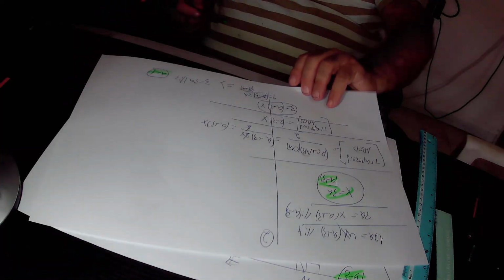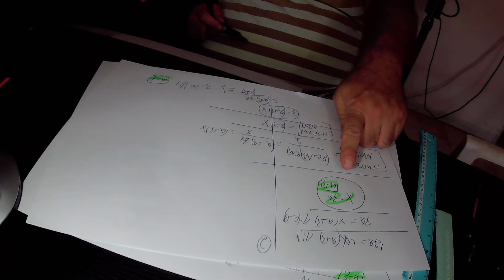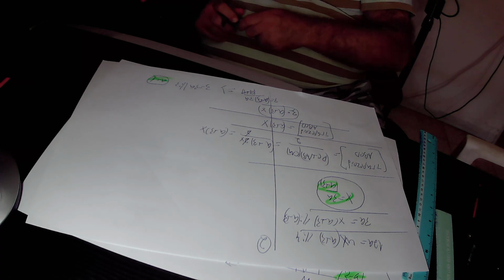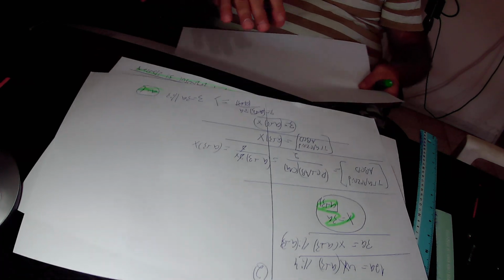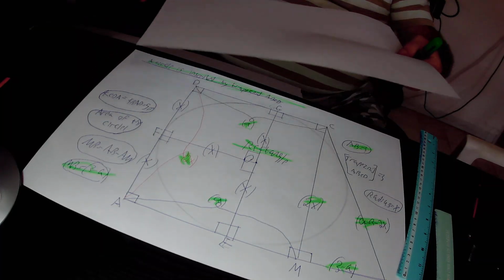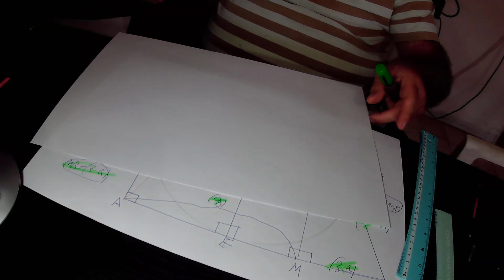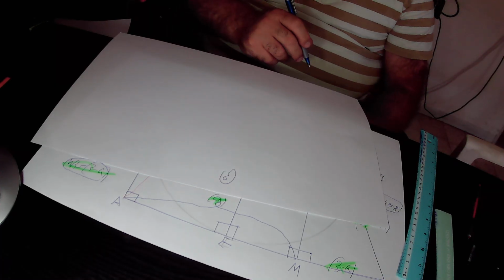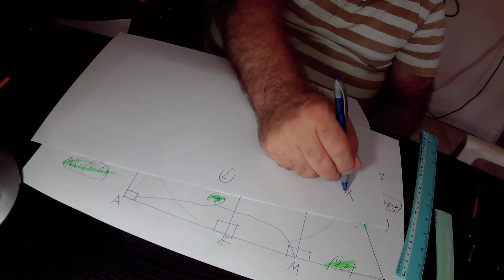Now we can substitute a in this equation by 1. We have the equation that states that x equals 3a over a plus 3.